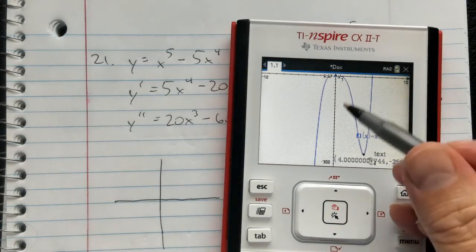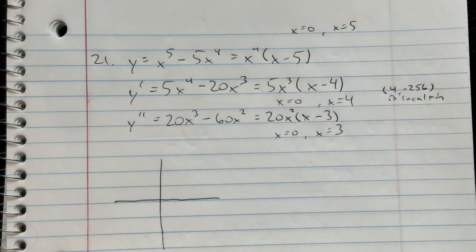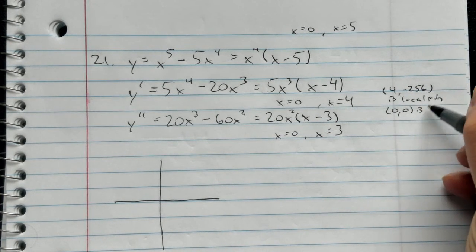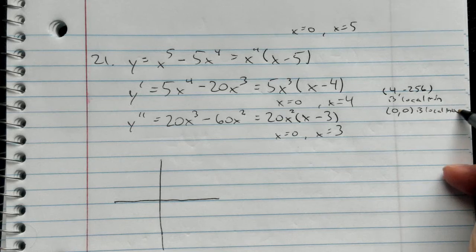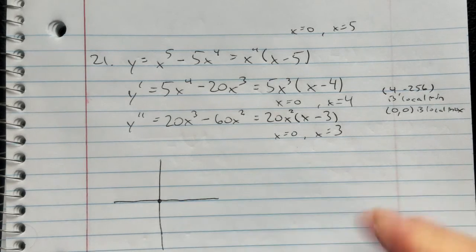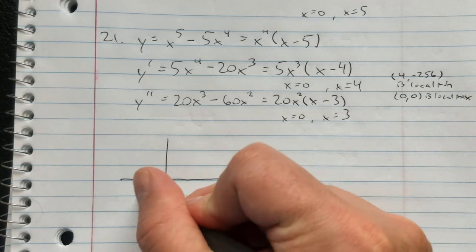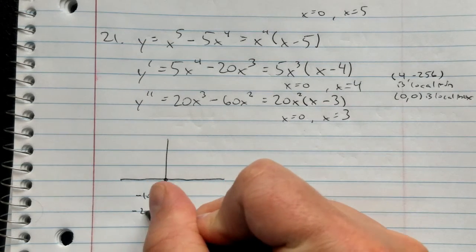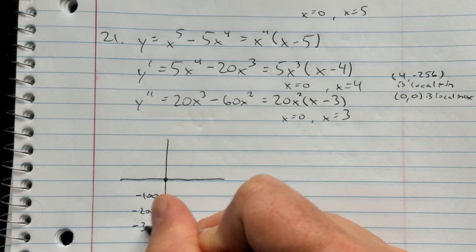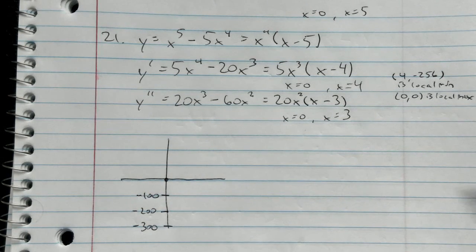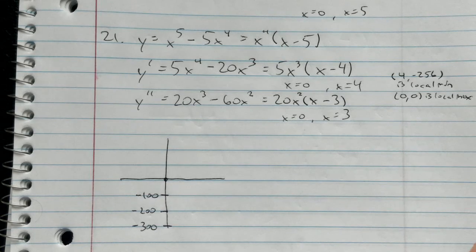And 0, 0 was a local maximum. I'm making a very large scale factor. It's counting by hundreds.